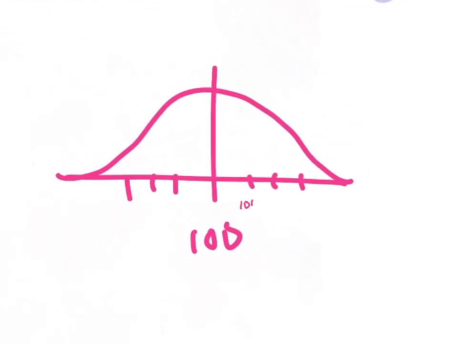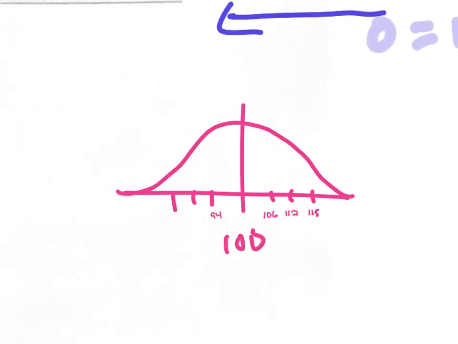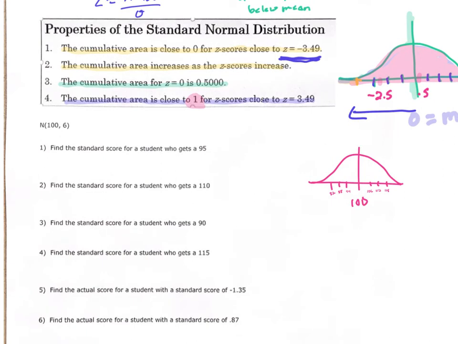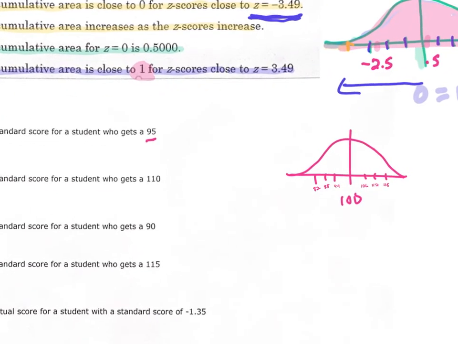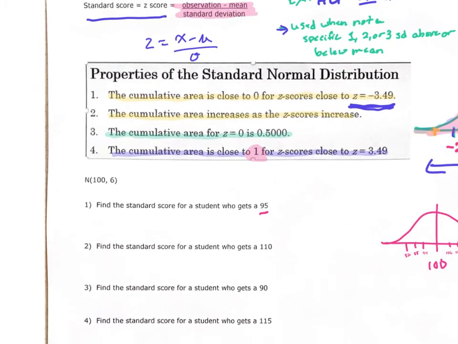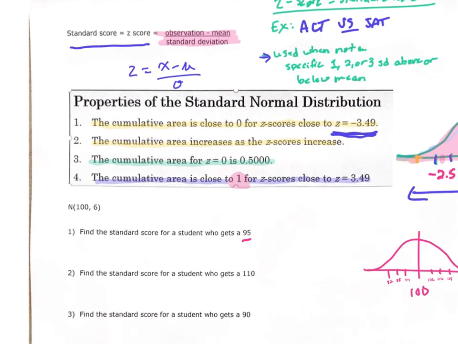So we'd have 106 here, 112 here, 118, and I would have 94 here, 88 and then 82. So if I were to draw my normal curve, that is what it would look like. Now the issue is that this value of 95 that we're supposed to figure out is not one of these nice pretty values on our number line. So that is a hint that we have to use this z-score formula instead of using the empirical rule.